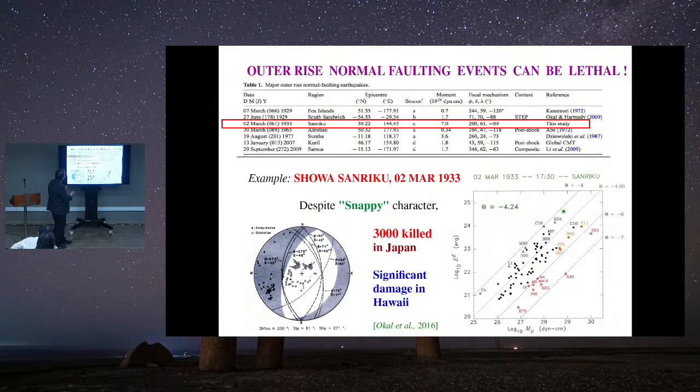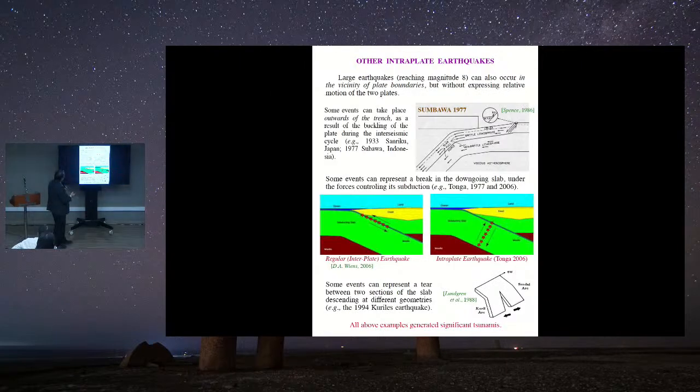I think the tsunami killed several thousand people in Sumbawa, which is an Indonesian island, and it did some damage in Australia, where there is not too much population, but still it was observed.